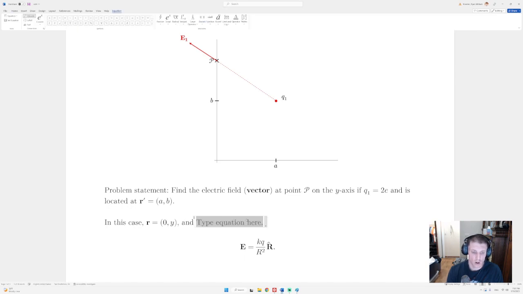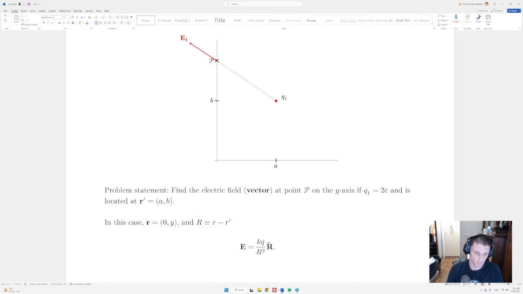Anyway, we want to recall what this was defined to be. Remember that it's just R minus R prime. So what we have here, I'm just going to make these into vectors. There we go. And we can directly calculate this.